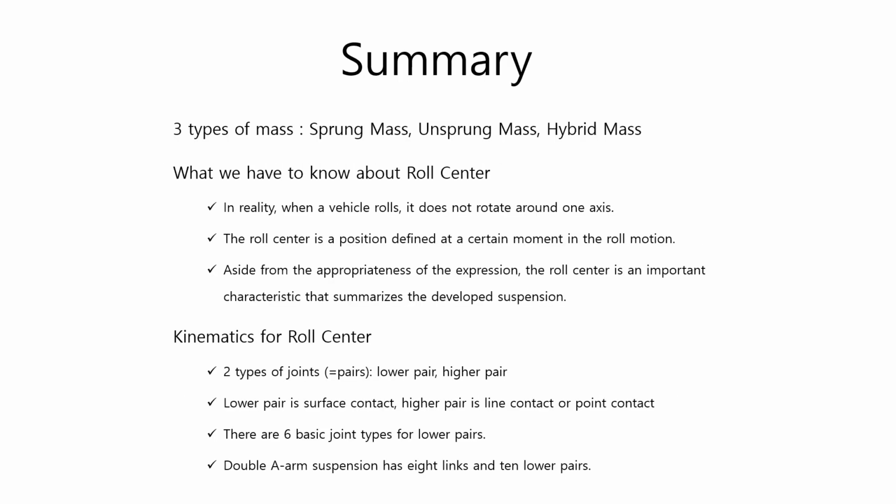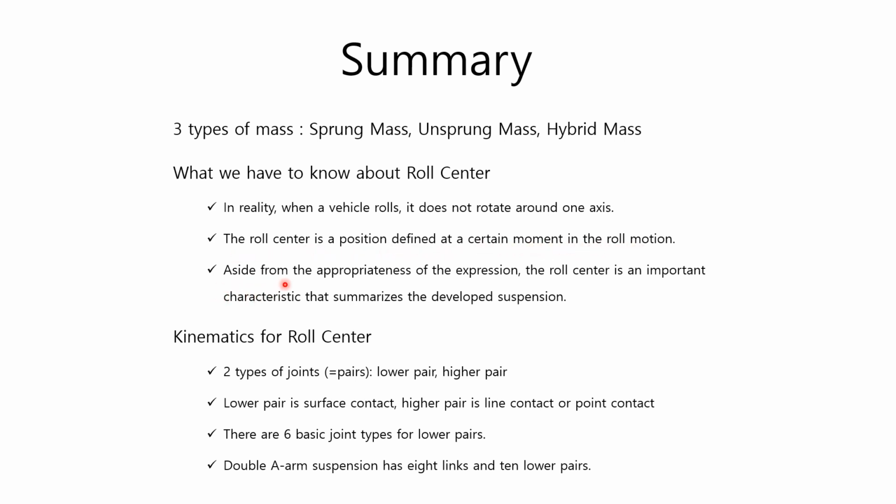Let's summarize this video. There are three types of vehicle masses: sprung mass, unsprung mass, and hybrid mass. What we have to know about roll center is that, in reality, when a vehicle rolls, it does not rotate around one axis. The roll center is a position defined at a certain moment in the roll motion.